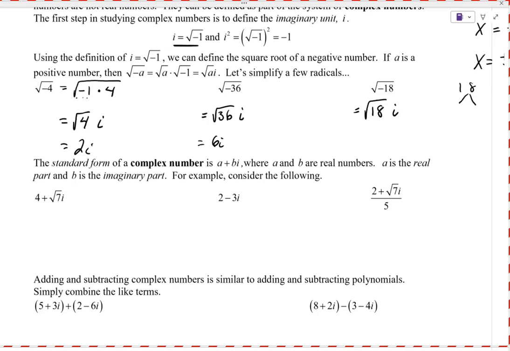Let's make our factor tree. What multiplies to give you 18? 9 and 2. And 9 breaks up into 3 and 3. And do you see a pair? 3s. So square root of 18 is the same thing as 3 square root of 2, and then the i is on the outside.